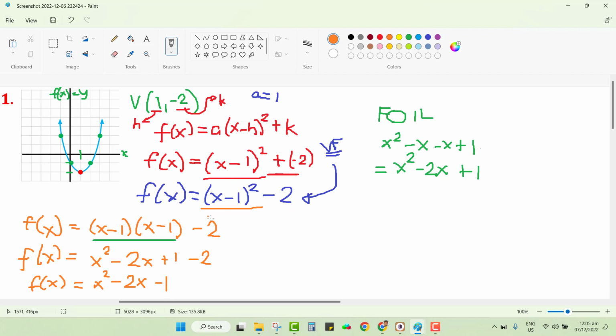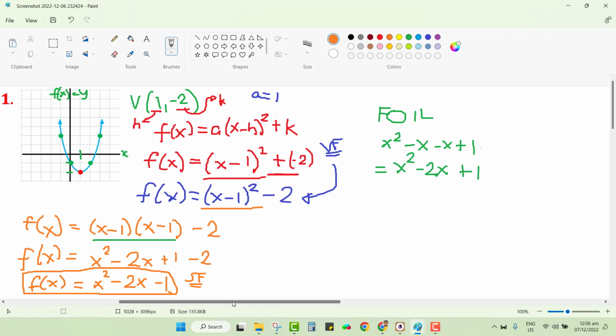So from your vertex form, this is your standard form, and this is our final result. So see, even just by the given vertex, we can still get the standard form. But first, we need to pass through the correct vertex form in order for us to get that.